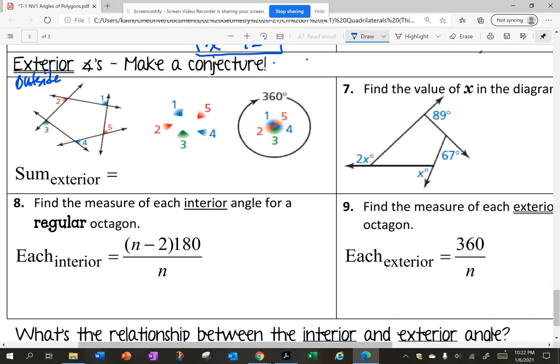If I ripped all of these off and put them together, they'd form a circle. And the sum would be 360 degrees. And it wouldn't matter if I have 3 sides, 4 sides, 5 sides, any number of sides, the sum is always 360 degrees.